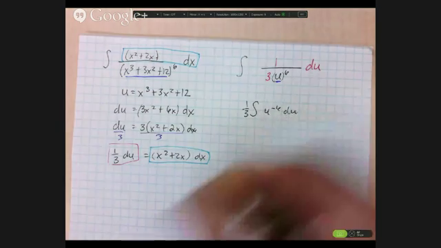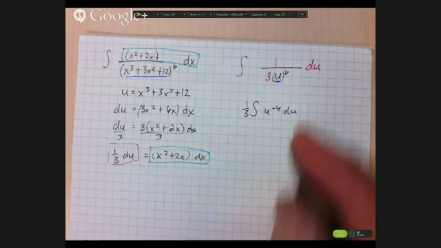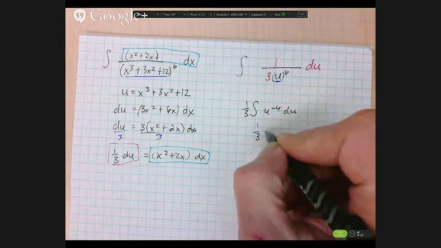Some people find it easier. So tell me if you're on the same page here. 3 u to the -5 over -5, 1/3 at the integral.